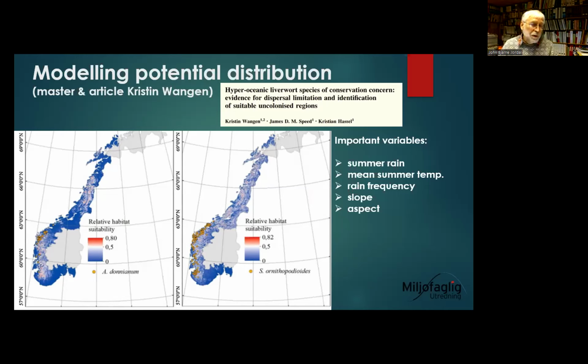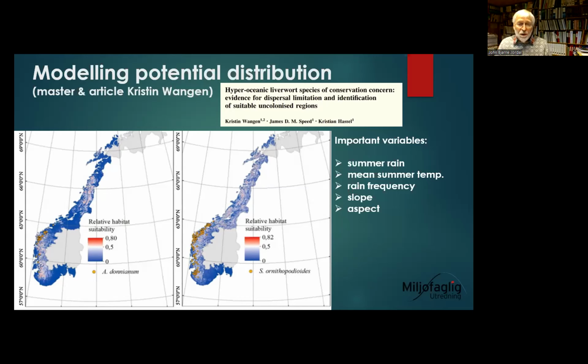And to the left, we can see that Anastrophyllum donianum also possibly could occur in Nordland, further north than we know this species. And we haven't searched much there, so we don't know if it really is possible to find it there.